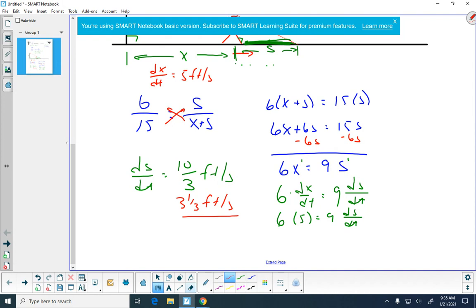Did I get it right, Dan? There's 25 and a third feet per second? Yeah. That's what they have? 25 and a third?